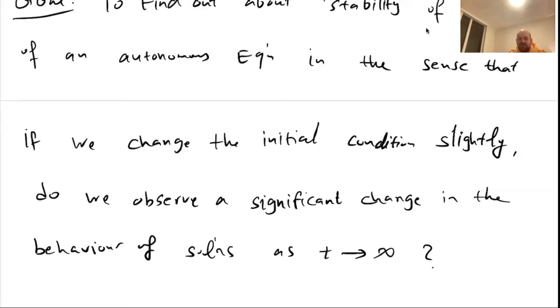So in that sense, a slight change in the initial condition could lead to a dramatic change in the behavior of that person as t goes to infinity.